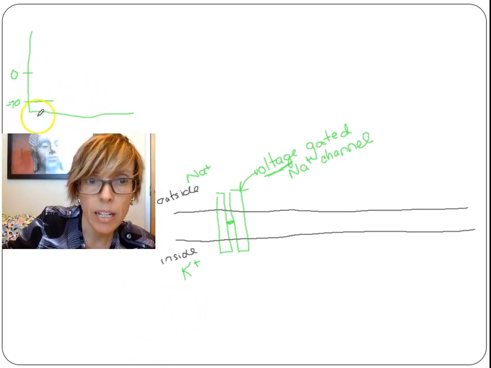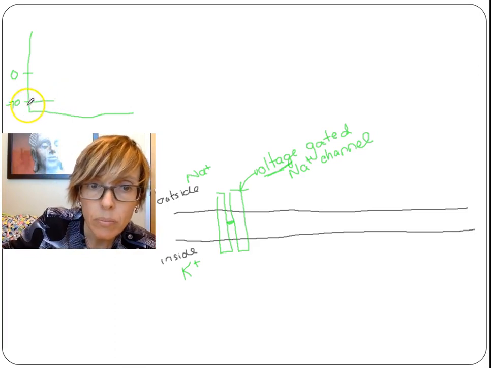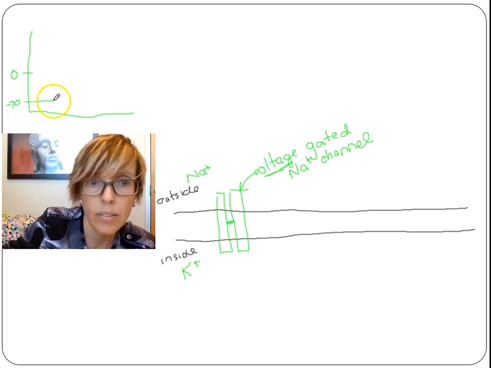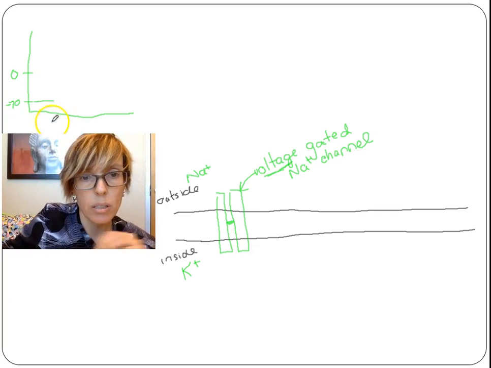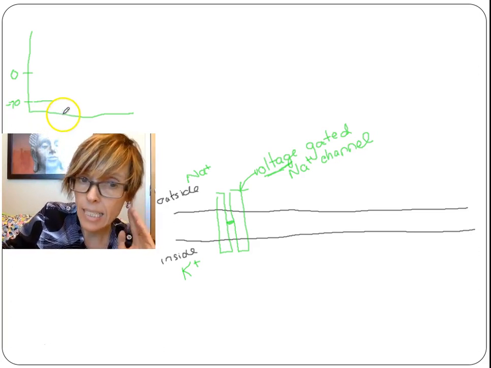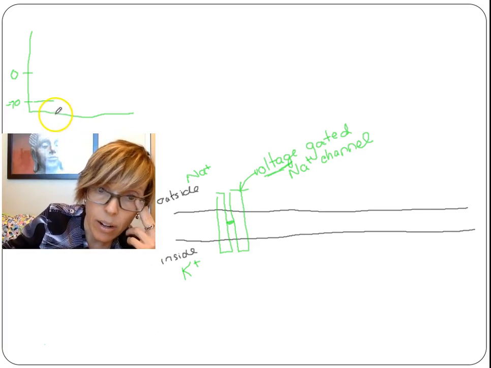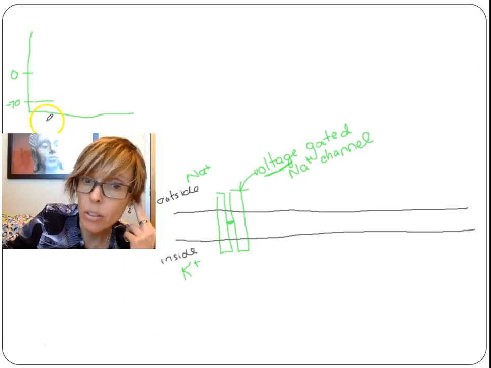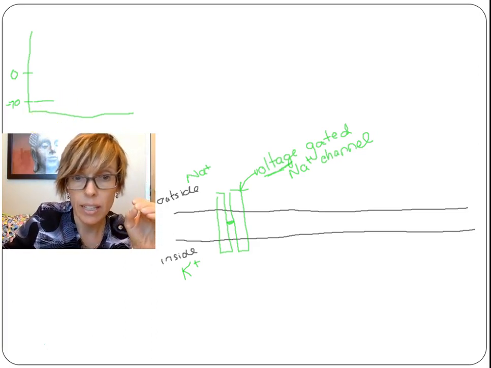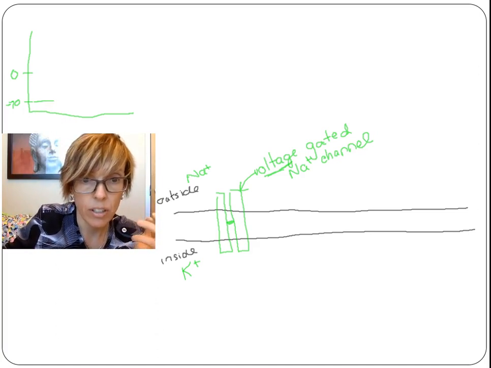So if you look up here in the upper left, your cell's going to be chugging along at that negative 70 millivolts. Some sort of stimulus is going to come in. Now, the exact kind of stimulus is going to depend on where we are, because obviously nerves in our eyes are reacting to something very different than nerves in our ears, which is very different than touch receptors in our fingers and our skin.